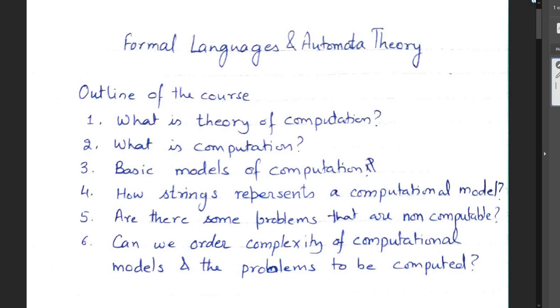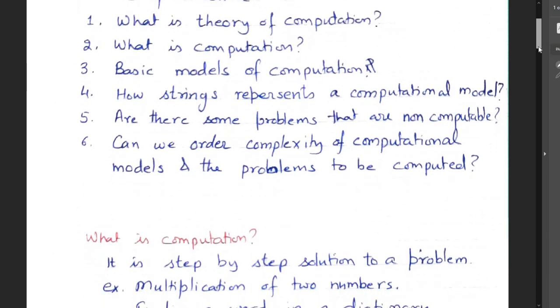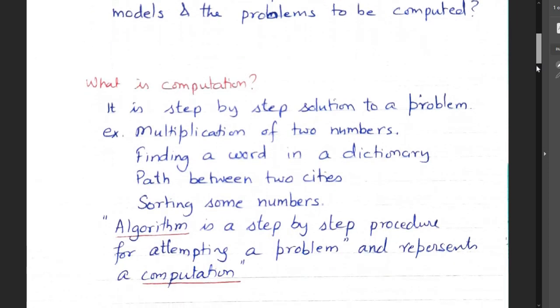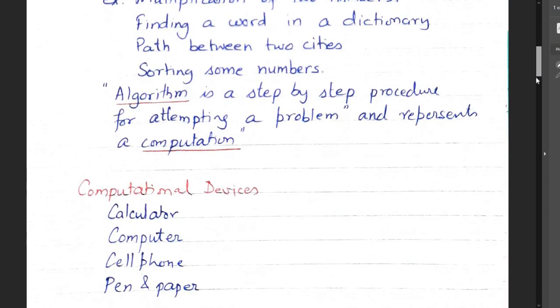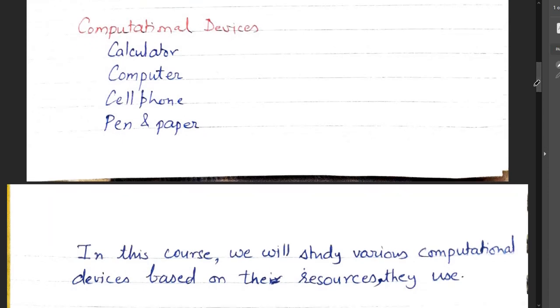Then we also talked about different things like the basic model of computation, how strings represent computation models, and so on. Then we tried to answer some of the basic questions like what is computation and what are computational devices that we have worked upon. These are the things that we have already talked about.